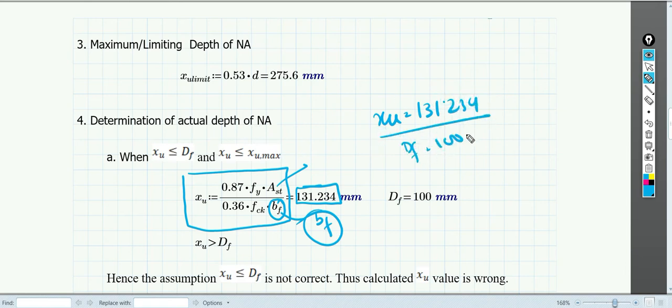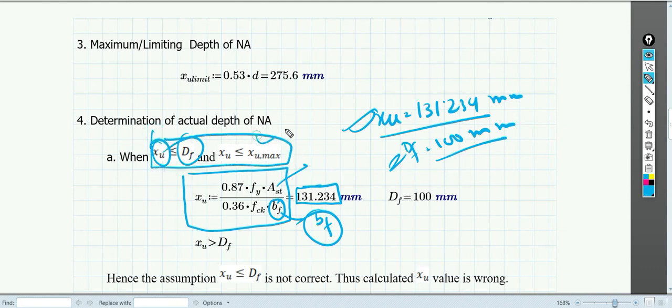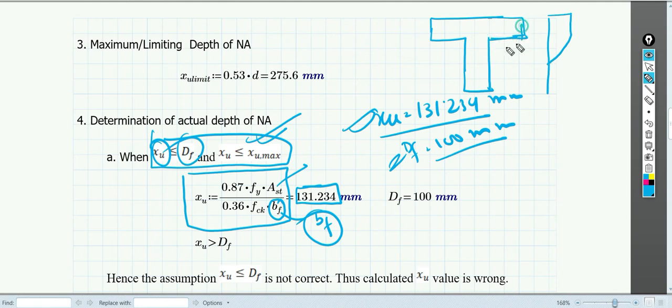It is 100 mm. Our assumption is that Xu should be less than Df, but here you can see Xu is greater than Df. So the assumption we have made is wrong. That means the concrete stress block doesn't lie within the flange. It lies outside, somewhere like this.